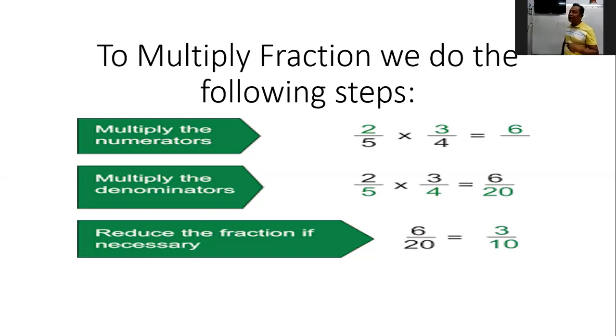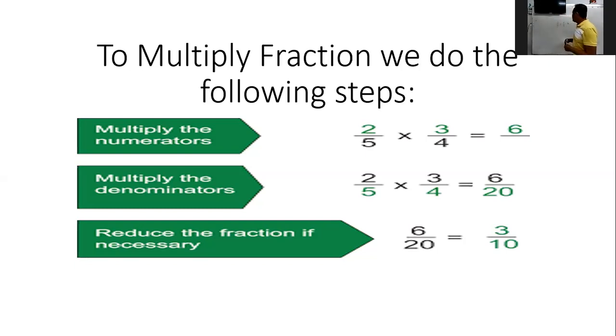Don't worry yet about the denominator. Let's try multiplying the numerators. 2 times 3, we have what? We have 6.